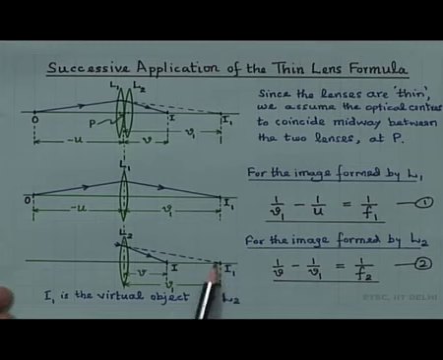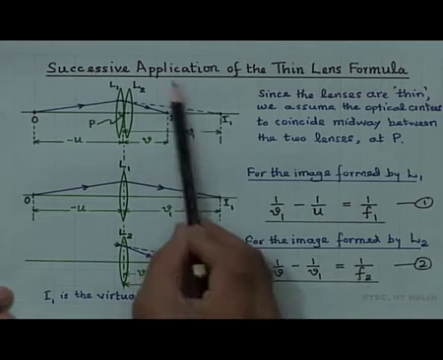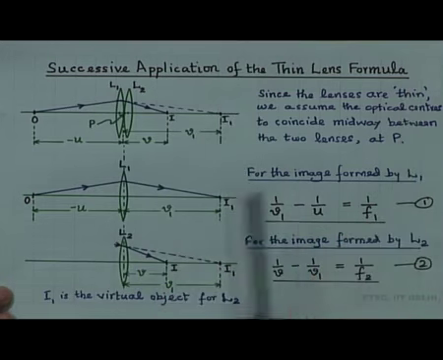That is, if a ray were to start from here, it would have gone along this ray, which is the object ray, and that's why it is called a virtual object. So the object ray undergoes refraction and forms the image here. For this, the thin lens formula tells us that 1 by V, where V is the image distance, minus 1 by V1, where V1 is the object distance, now a virtual object, is equal to 1 by F2. These are equations 1 and 2, the successive application of the thin lens formula, successively for the first lens and the second lens.